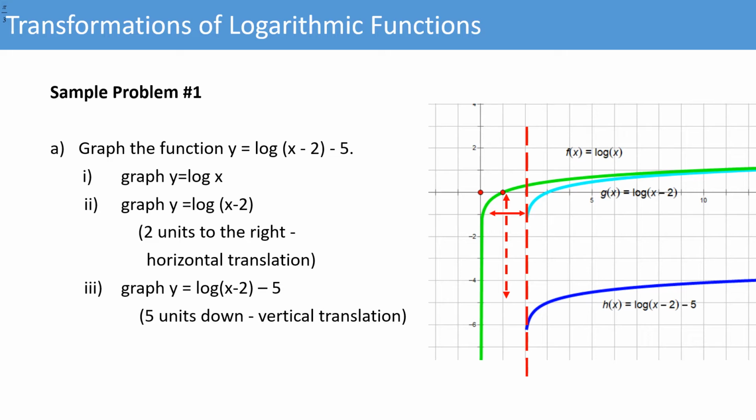And you will see that to get this graph, we shift 2 units to the right, which makes the horizontal translation. Then we graph y equals log(x minus 2) minus 5, and we see now that we have a shift down by 5, which is your vertical translation.